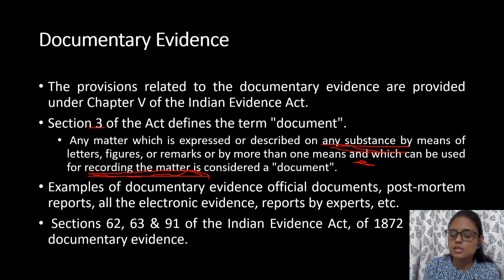So all these things are documentary evidence. A caricature is a document. Yes, a caricature, that is, cartoons. All these are documentary evidence. You can also add two other items as documentary evidence: the first being electronic evidence and the second being tape-recorded statements. These are also documentary evidence.